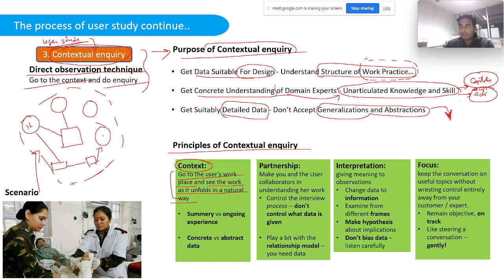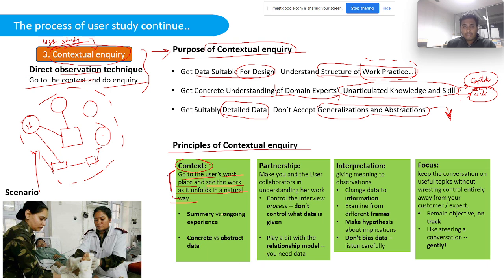The scenario should exist in a natural way, and you are the only person who visits and tries to capture information from that setting without affecting the way things happen there. So you do not invite the user to your setting and ask them questions. You visit there and capture information as if you are not affecting that scenario.